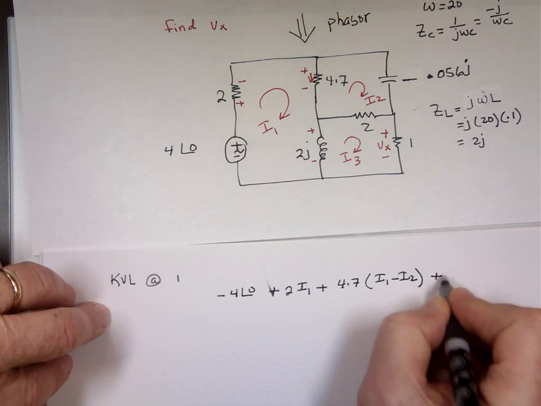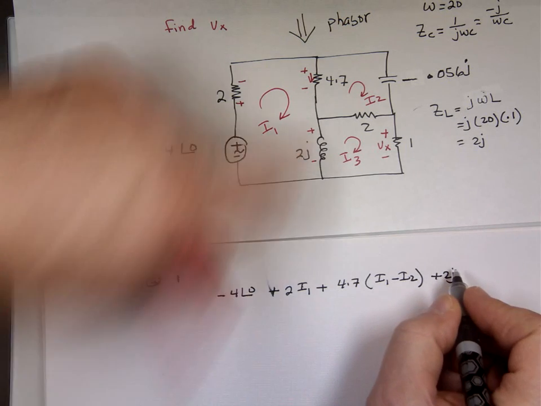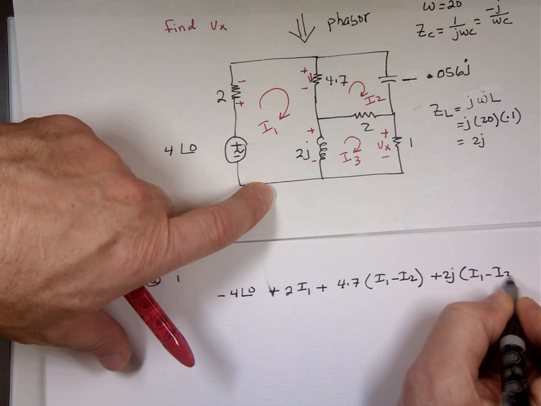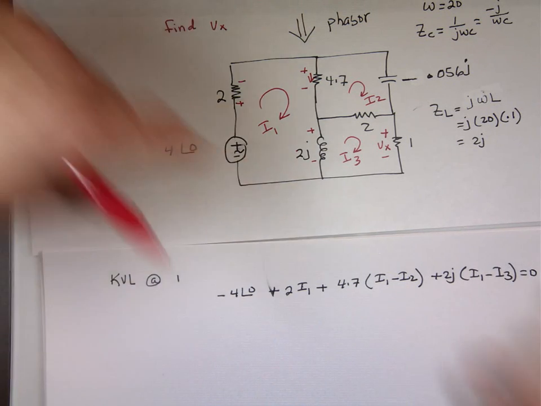Plus the 2j. What's the current coming down? I1 minus I3. All of that is equal to 0.